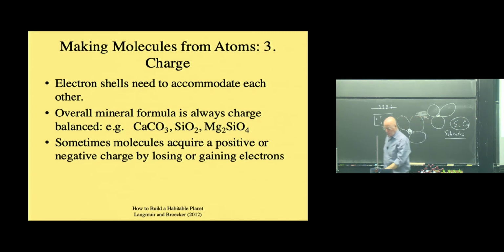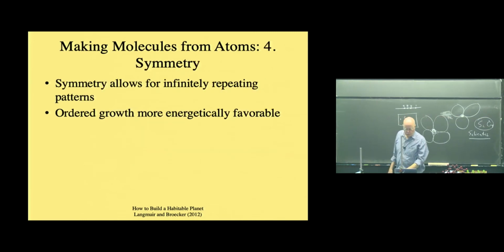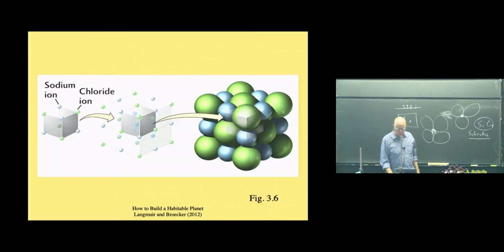That's another mineral that's the most important mineral in Earth's interior, called olivine. Okay. Then the next thing you do is you have to be able to build things of macroscopic size. So here we have a sodium ion and a chlorine atom, and they are making these cubes. And you can see on the top there's room for another layer to be formed that's exactly the same as the layer underneath it. So you're able to build up the layers one after the other, and you're able to make something big.